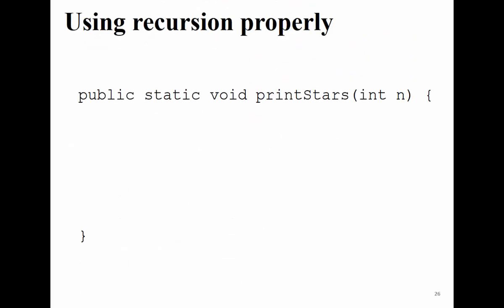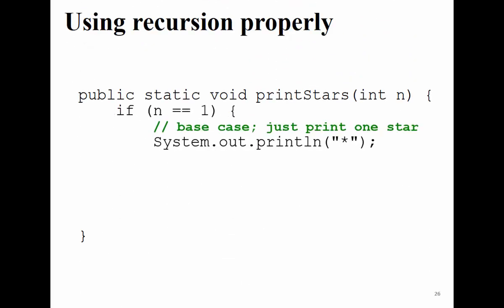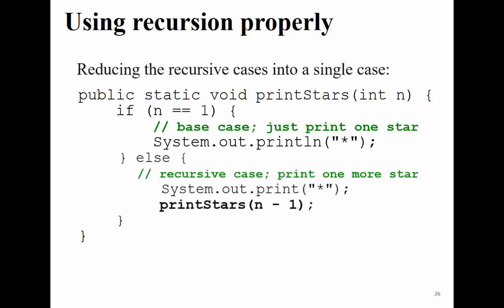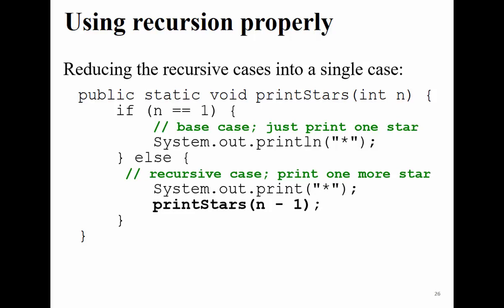How can we implement this efficiently? We can identify the base case. If n is equal to 1, I'm going to print 1 star. Else, I'm going to print 1 star, then call the same version of the problem, but with n minus 1. So all the recursive calls in the previous slide are compounded into one recursive call now.